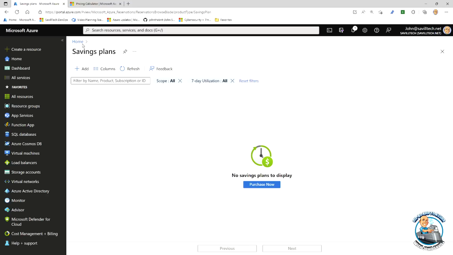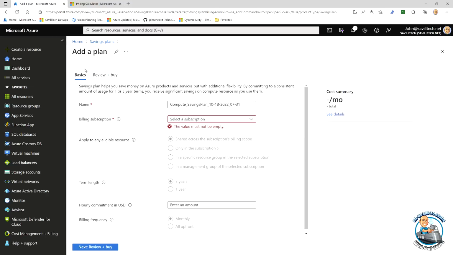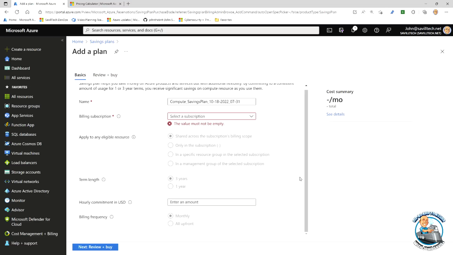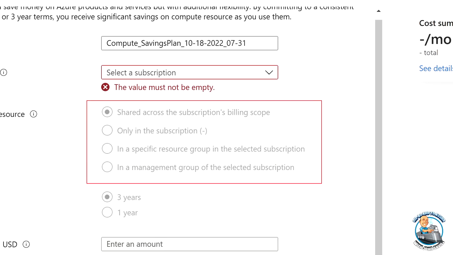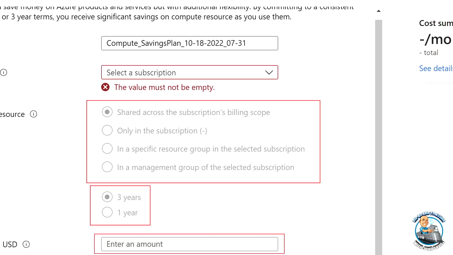And I can kind of show this really easily, because if we just try and create a savings plan for a second, now I can't in my crummy subscriptions, but the whole point is, notice this is the complete screen to create a savings plan. The only thing you have to do is a billing subscription. You pick the scope, you pick the term, and you pick the amount.